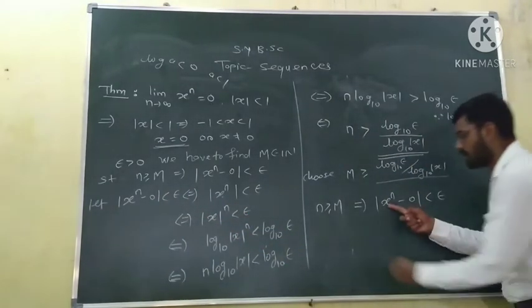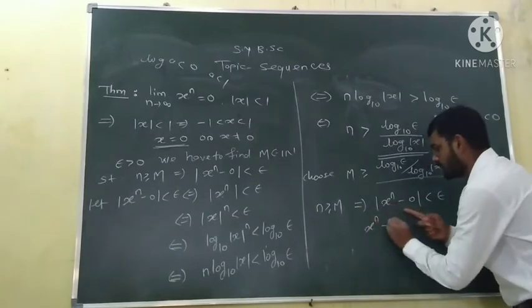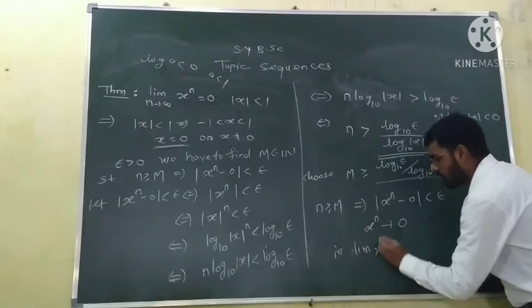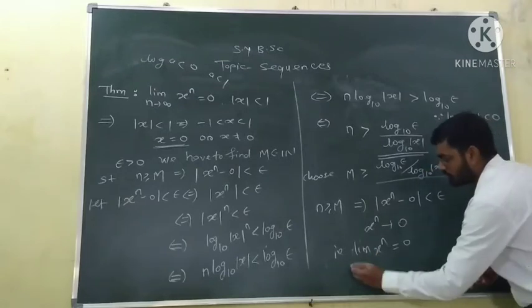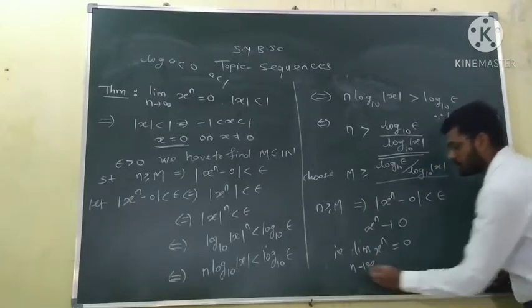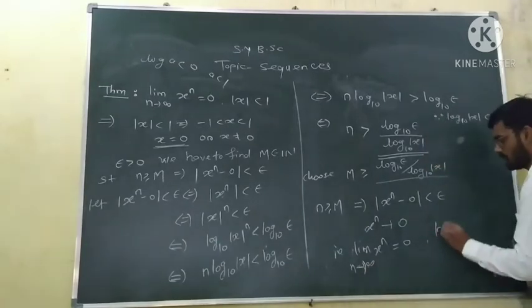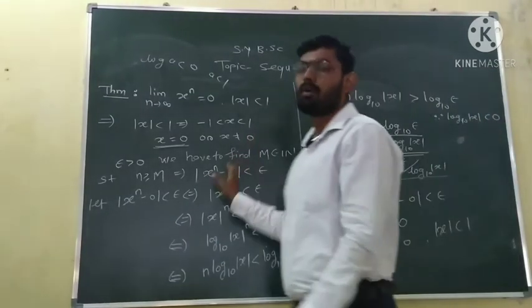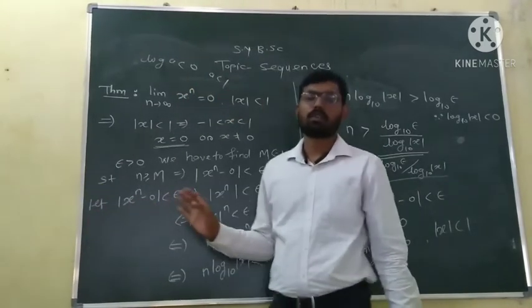This means the limit of this sequence is 0. That is, the limit of x to the power n is equal to 0 as n tends to infinity whenever mod of x is less than 1. This is also one important theorem of limit of sequence.